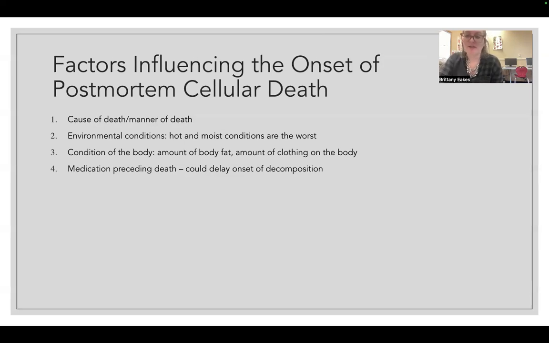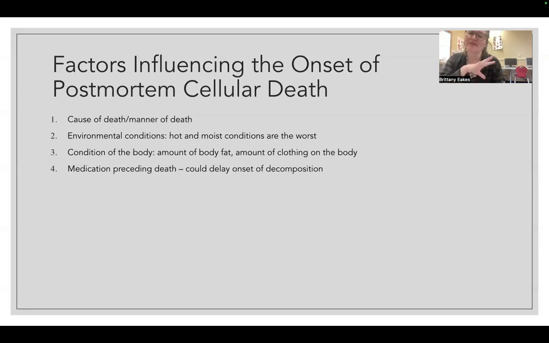Condition of the body, the amount of body fat: you'll see that in larger bodies, there's a lot more insulation, a lot more energy stores. That body could break down a lot slower. A corpulent or obese body will break down a lot faster, because of all that body heat and maintaining that body temperature, right?